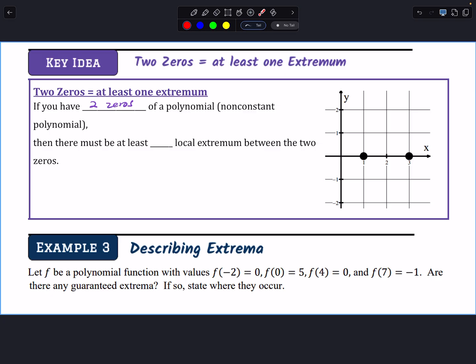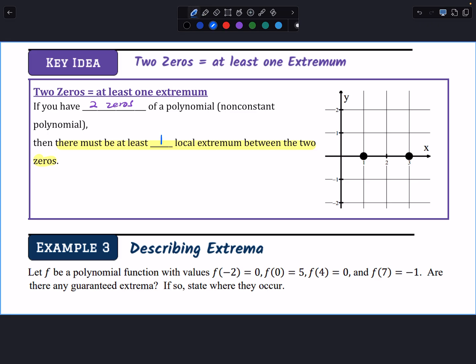it could do this. So if it has 2 zeros, there has to be at least one local extremum between the 2 zeros. Why is that true? Remember, a 0 is when the graph crosses the x-axis, correct?